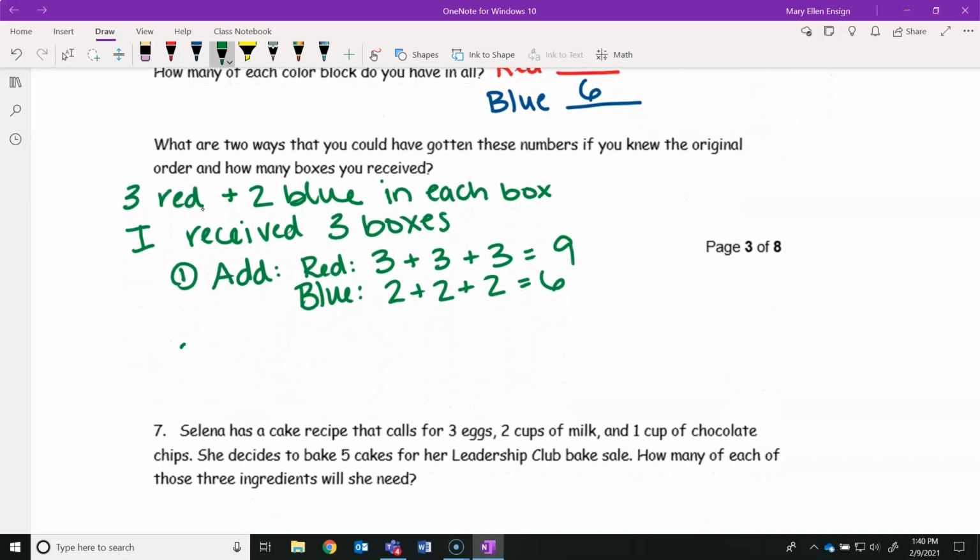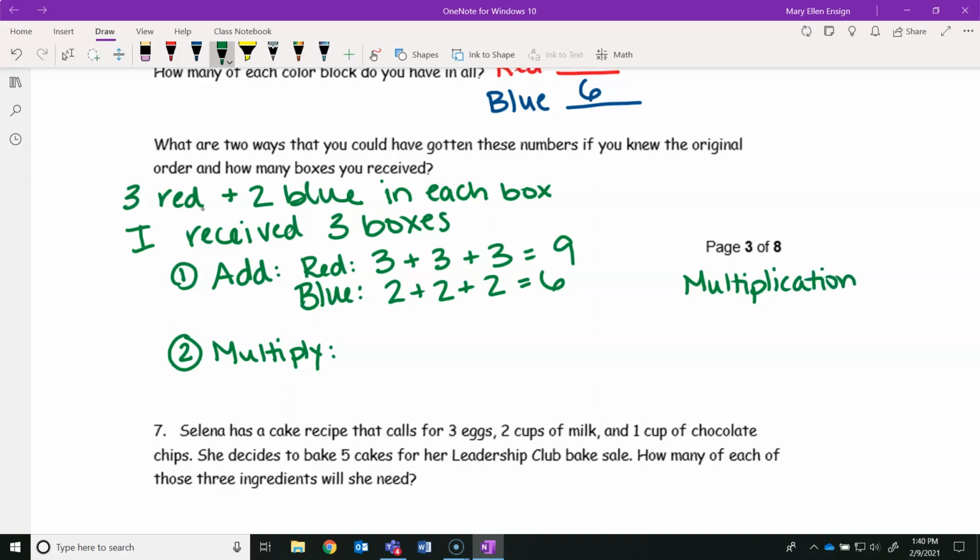Okay, well, the other way we can do it is related to this. Whenever I have repeated addition, if I add the same thing over and over, like 3 plus 3 plus 3 or 2 plus 2 plus 2, then I can multiply. So let me just write over here.